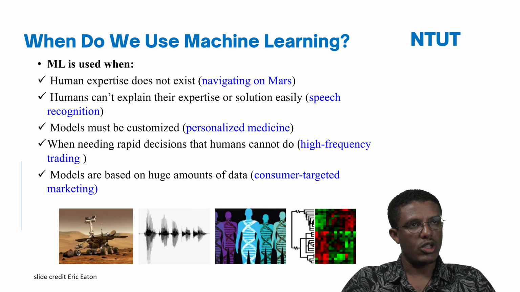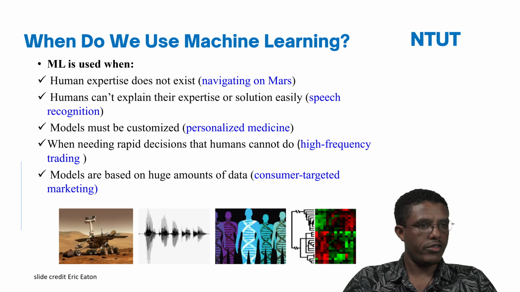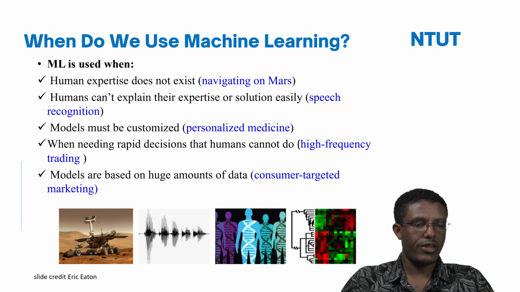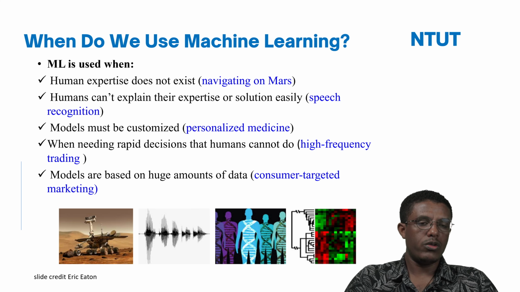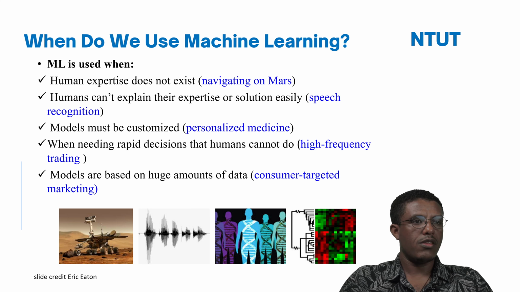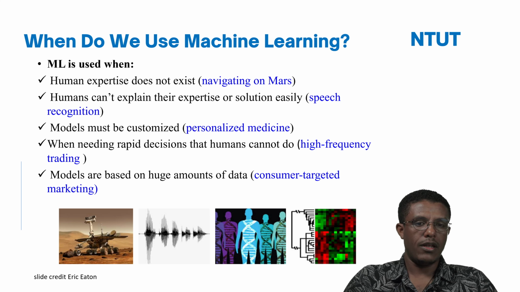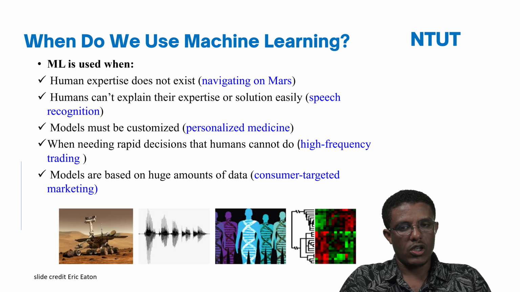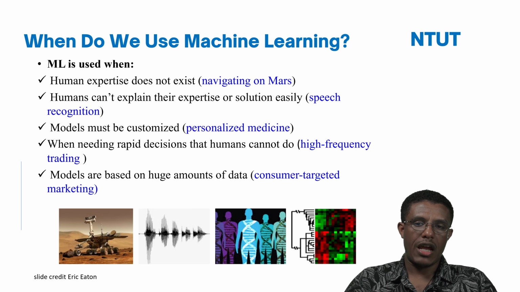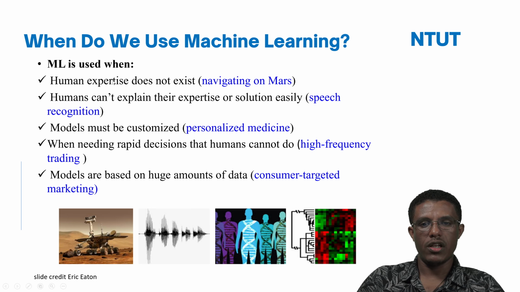Using models and machine learning algorithms is easier, because the machine can analyze that data within a short time. So when there is a huge amount of data, it is better to use models to analyze, generalize, and predict that data for different applications.